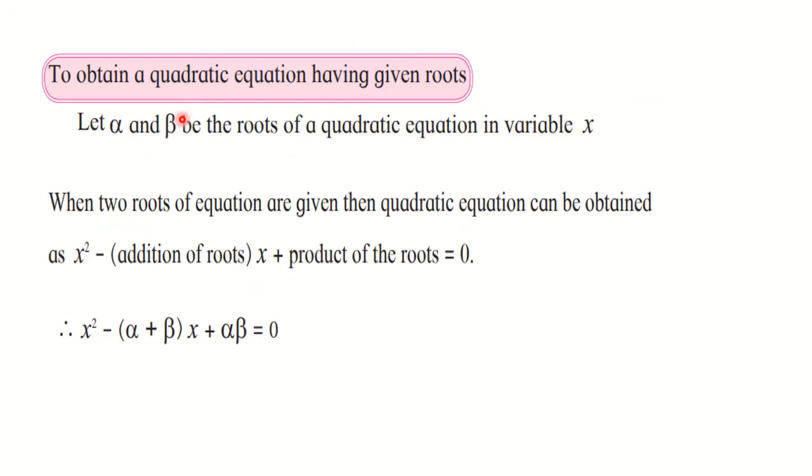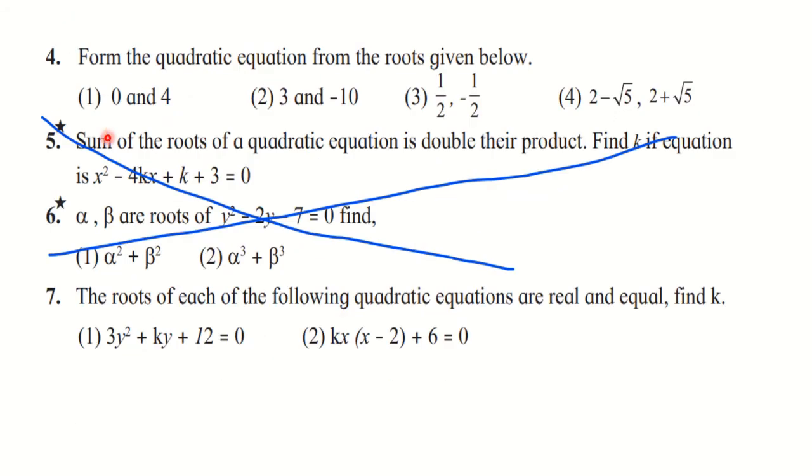You have seen that. You have to put it here. Alpha plus beta you find, alpha beta you find, and just replace here to get the answer. This is alpha and this is beta. So this is also a simple thing. You can do it. Question number 5 and question number 6 are cancelled based on that relationship.